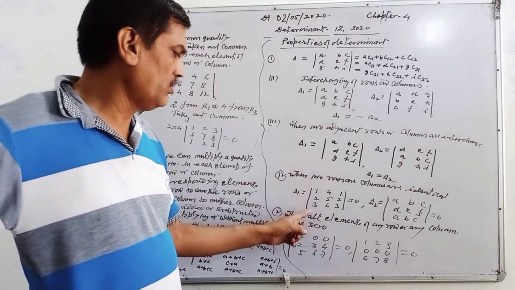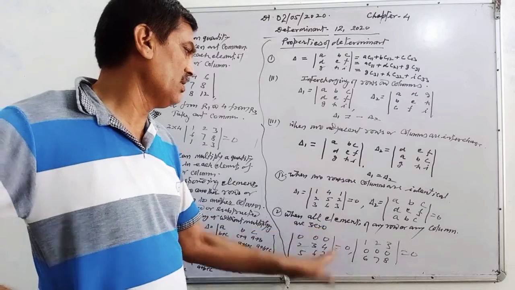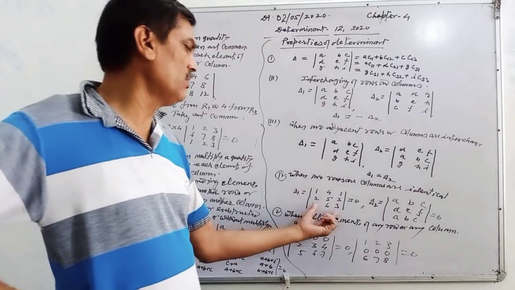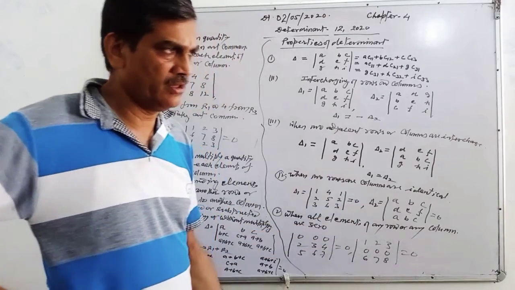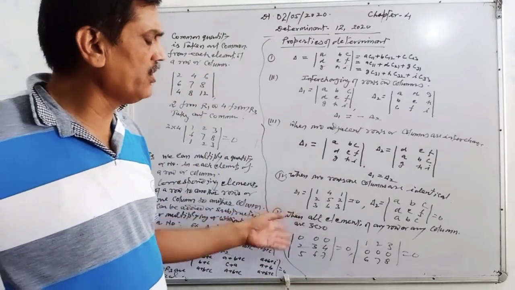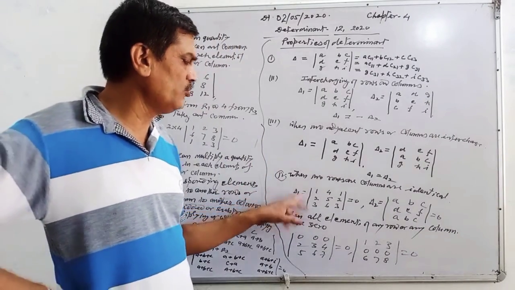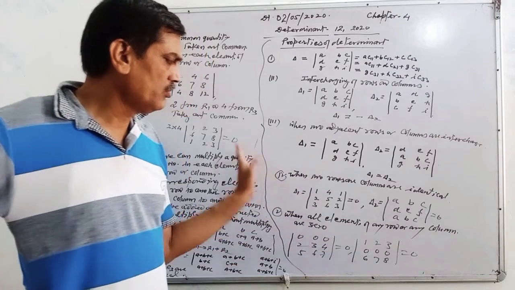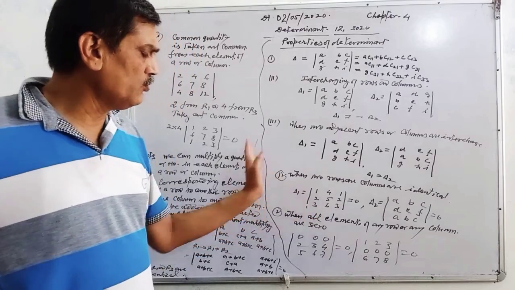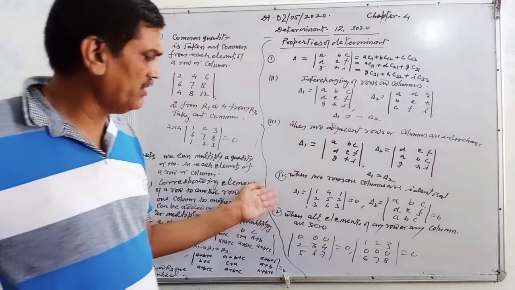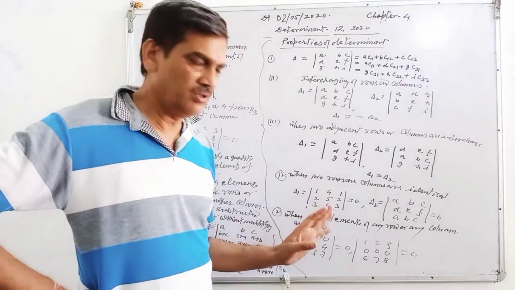The first column is 1 2 3 and the third column is 1 2 3, so two columns are identical. So you can directly write the result 0. And if you expand it, you will get the result 0. There is no necessity to solve the determinant. Directly by the property you can write the result 0.